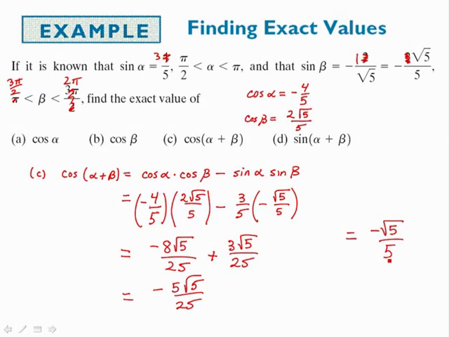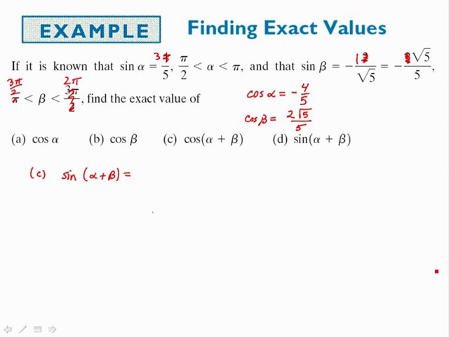How many think they could do sine of alpha plus beta? Sine of alpha plus beta equals sine of the first times the cosine of the second. That's right. Sine of alpha is 3/5. Cosine of beta is 2 root 5 over 5.